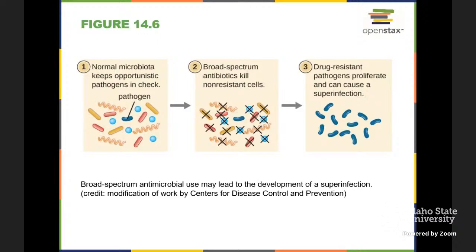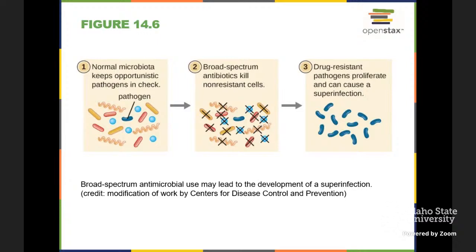All right. So in this instance, our broad spectrum drug, as it turns out, kills everybody but our pathogen. Maybe that's true, maybe not. All right. But in this case, it is. So we've wiped out all of these others, but for one reason or another, this guy isn't targeted by that antibiotic. It could have resistance normally to it.